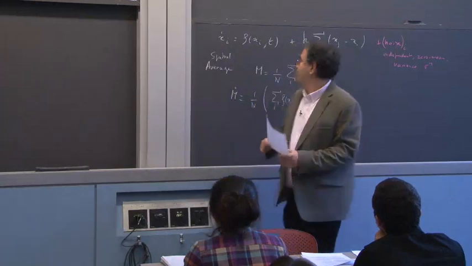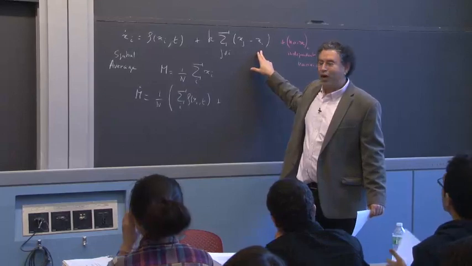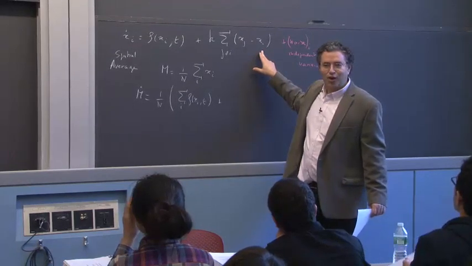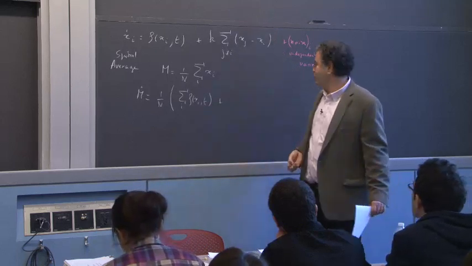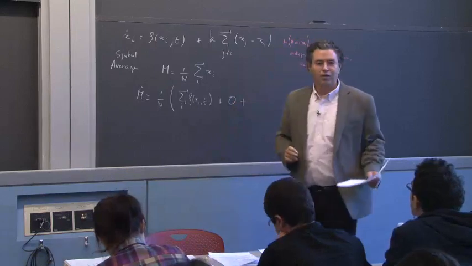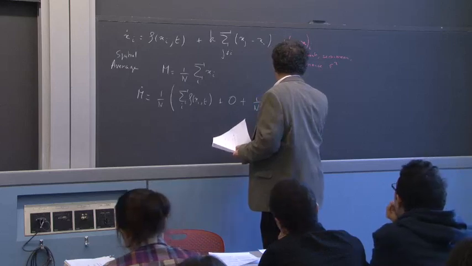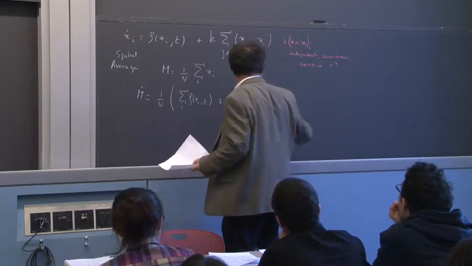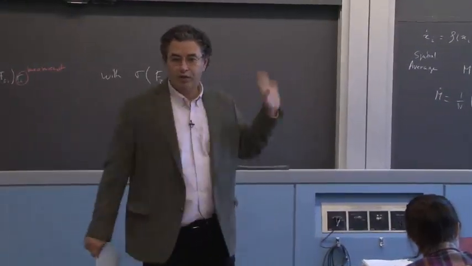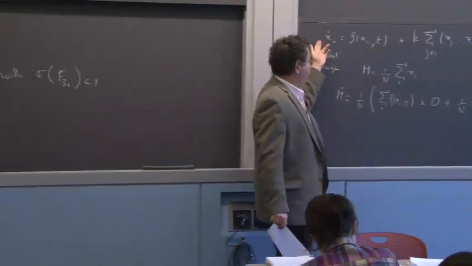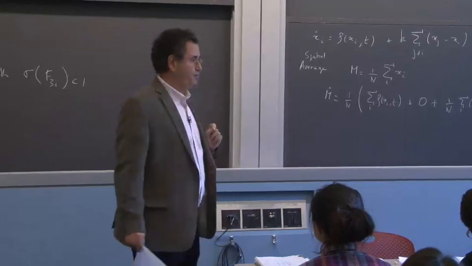Well, it's equal to 0, because whenever you have, let's say, x3 minus x4 at the fourth equation, you'll also have x4 minus x3 at the third equation. So it's really plus 0. Plus 1 over n, the sum over i of these individual noise elements. It's completely algebra. I've just taken this and computed this sum, so it's purely algebra.